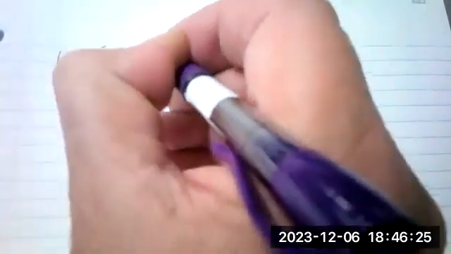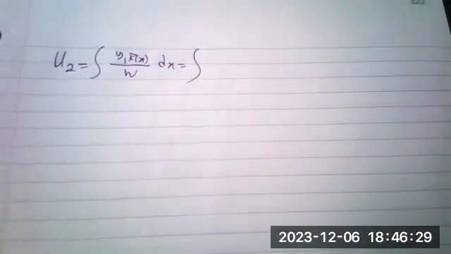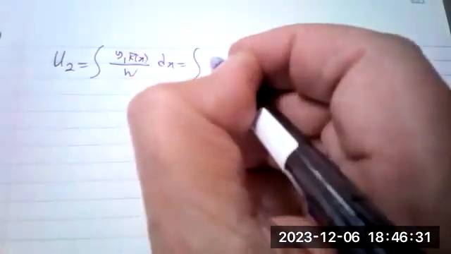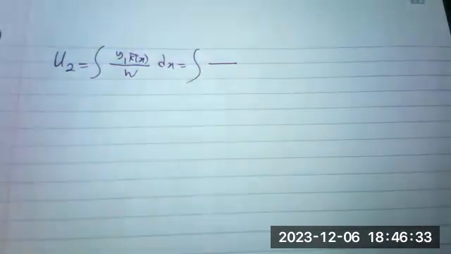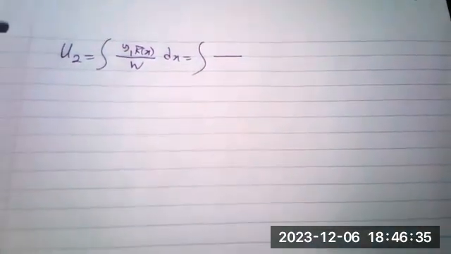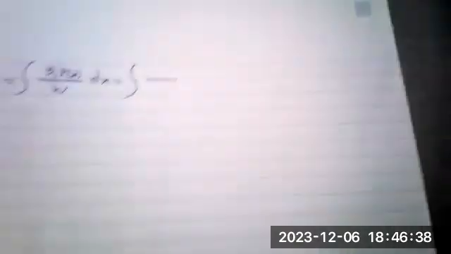So there you are, u2. U2 would be the integral of y1 R(x) divided by the Wronskian, dx. What is the y1? X squared.